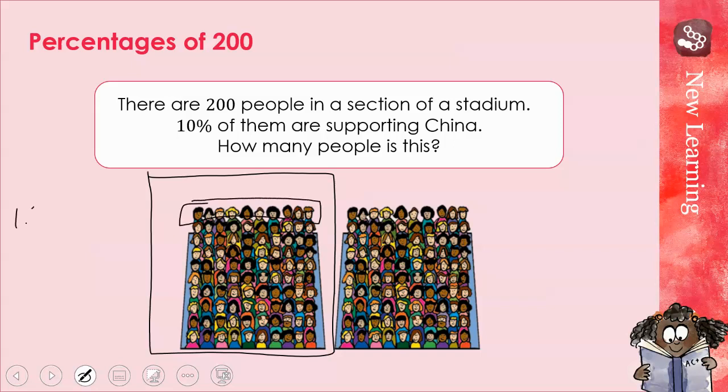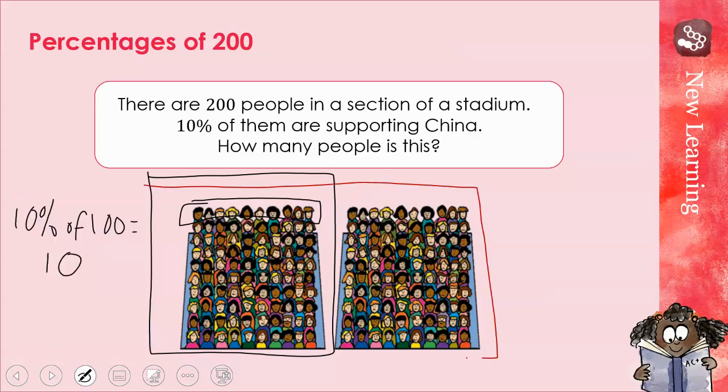So 10% of 100 is 10 people. But I don't have 100. I actually have twice that many. So if I look at my set as a whole, my set of 200 people, 10% is this many.